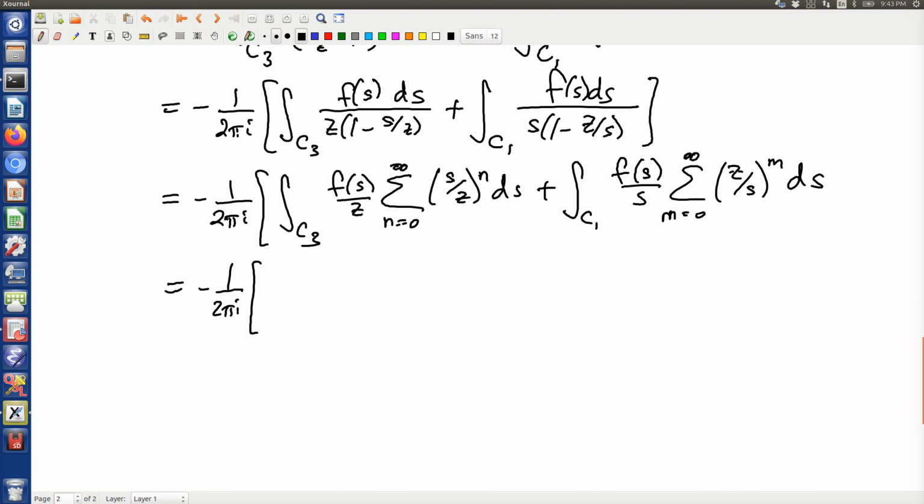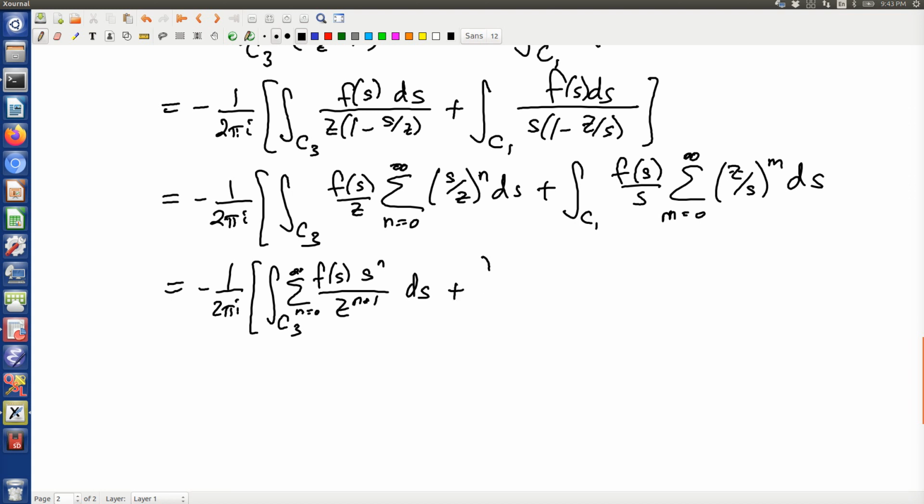So the thing to notice here is that in the first guy, I have f of s, s to the n over z to the n plus 1, and that's summing n equals 0 to infinity, ds.